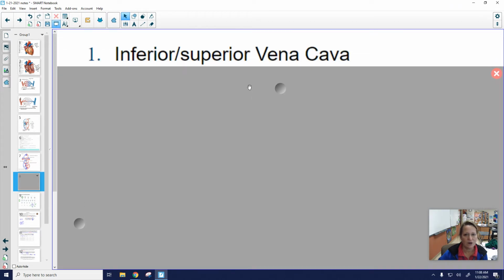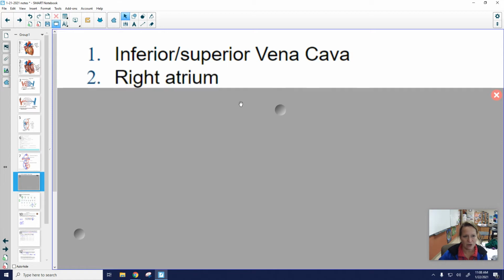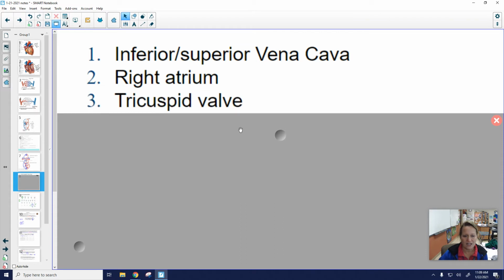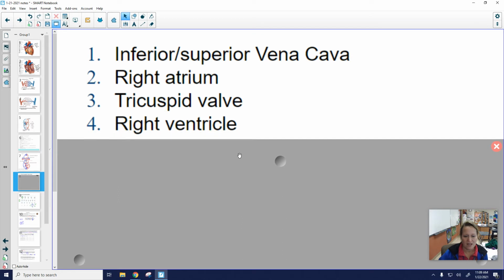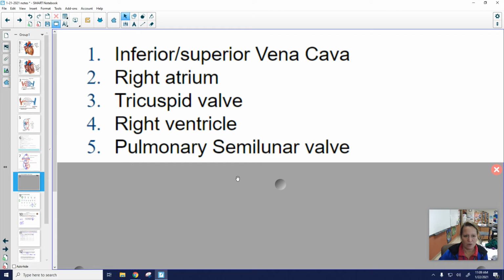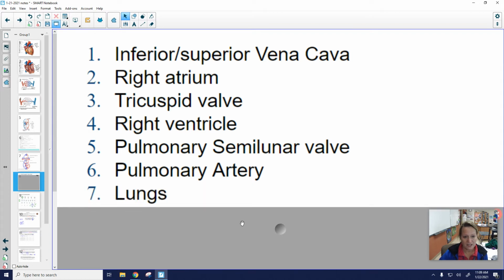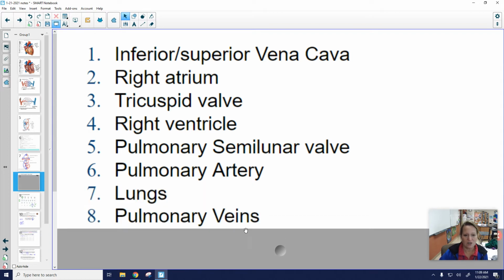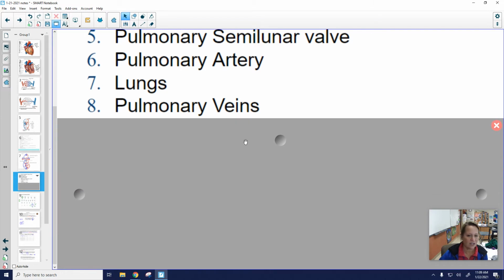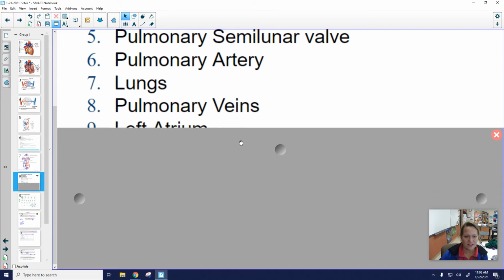So the order, number 1, the inferior and superior vena cava are where we start. That goes into the right atrium. The right atrium, the blood then goes through the tricuspid valve. That will lead into the right ventricle. Then when the heart contracts, the blood goes through the pulmonary semilunar valve, into the pulmonary arteries, to the lungs, returning to the right or left atria through the pulmonary veins.